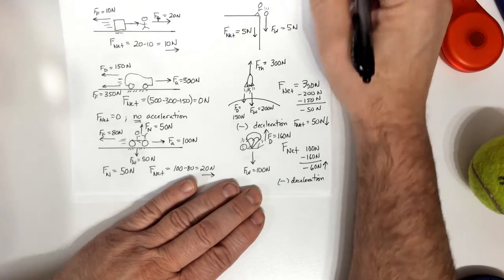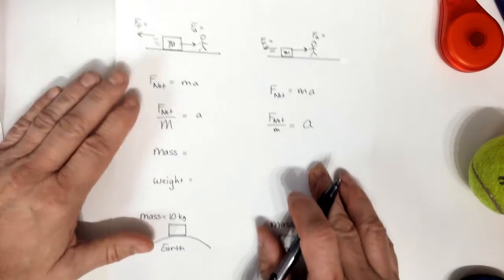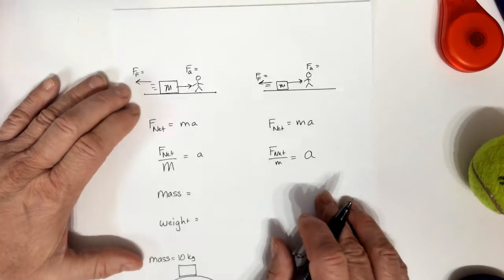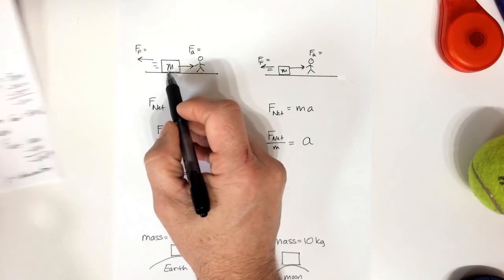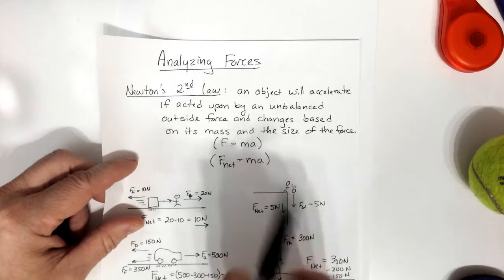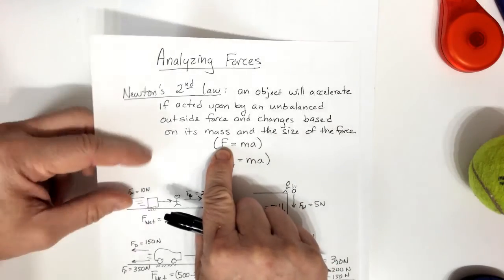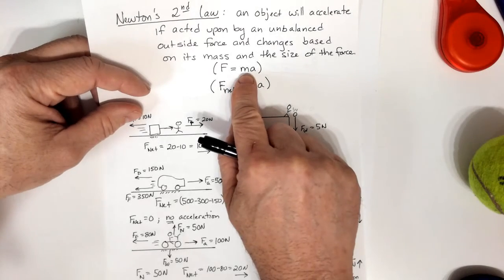The last thing I need to mention when we're analyzing forces is the idea of mass. One of the things we haven't talked about enough yet is the idea of mass. We said over here in our Newton's second law that our acceleration is dependent on how strong the force is, and we just got done analyzing forces, but it also depends on how massive the object is.